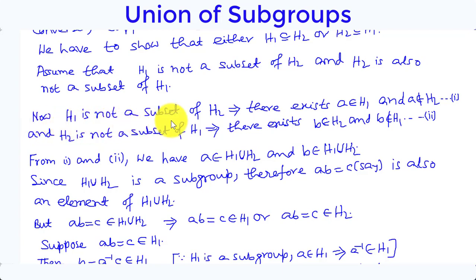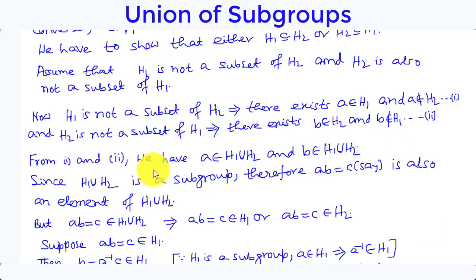Now H1 is not a subset of H2 implies that there exists A belongs to H1 and A does not belong to H2. Suppose this is case 1, and H2 is not a subset of H1 implies that there exists B belongs to H2 and B does not belong to H1. This is case 2.